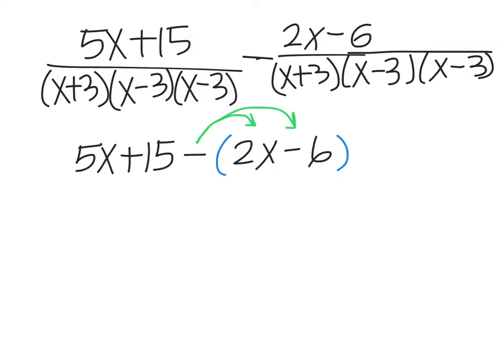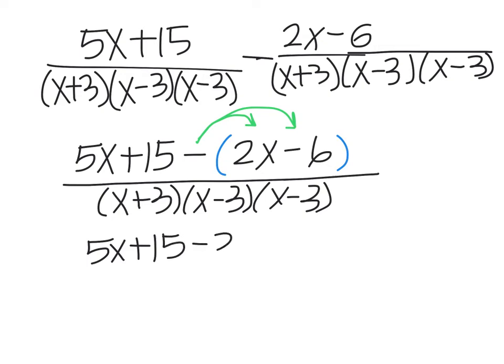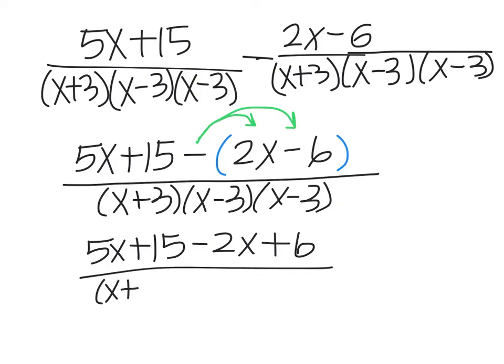So we're going to write our denominator real quick, and then distribute that negative. That's 5x plus 15 minus 2x plus 6 over x plus 3, x minus 3, x minus 3.